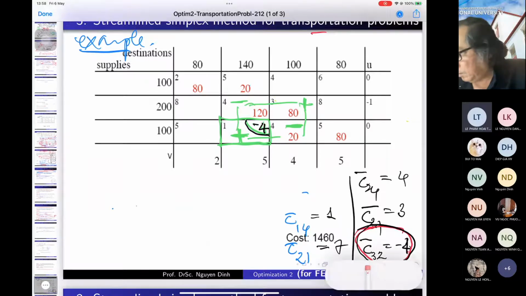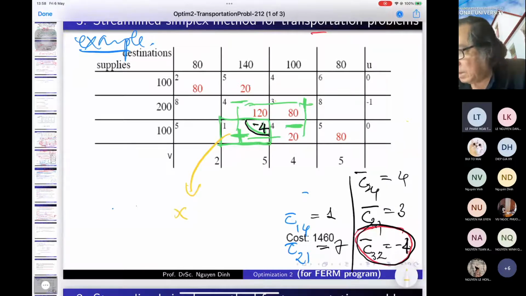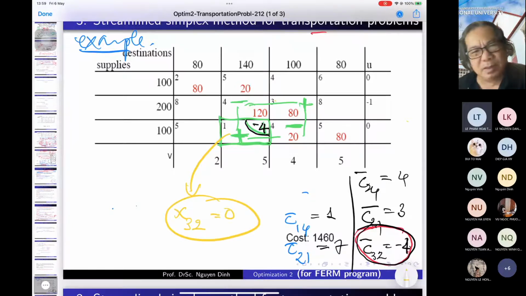At the beginning, you have x 3, 2 equals 0. Is that okay?